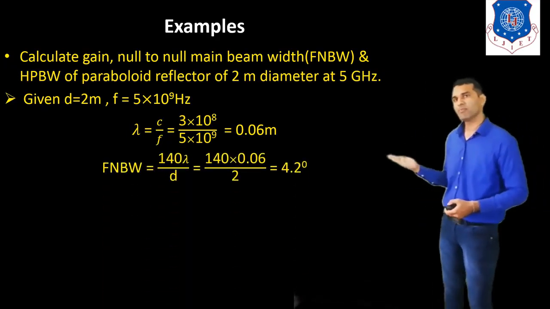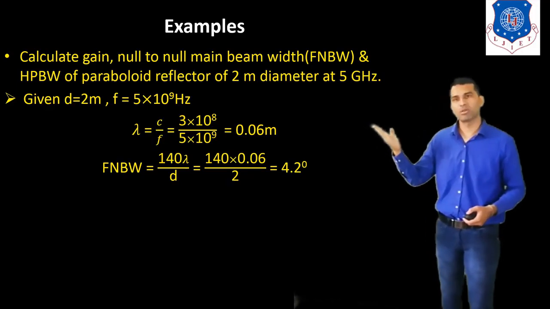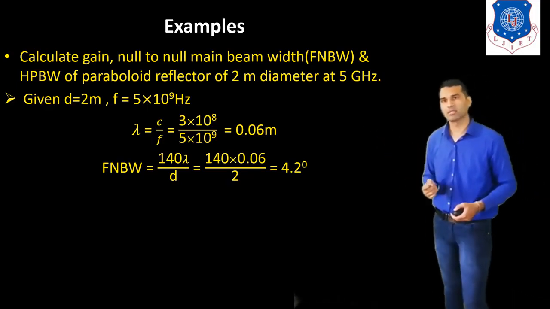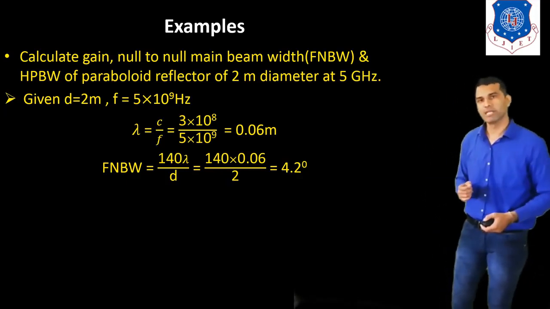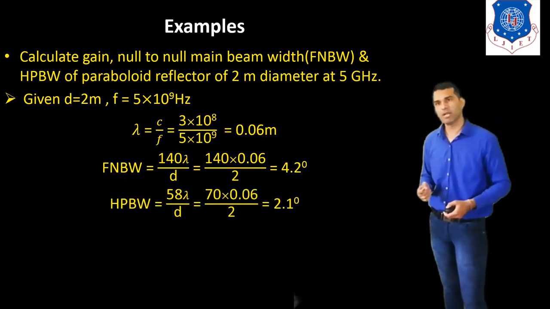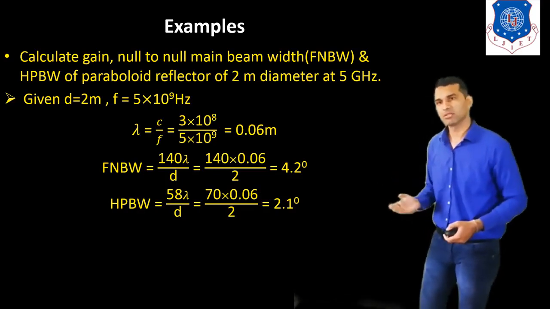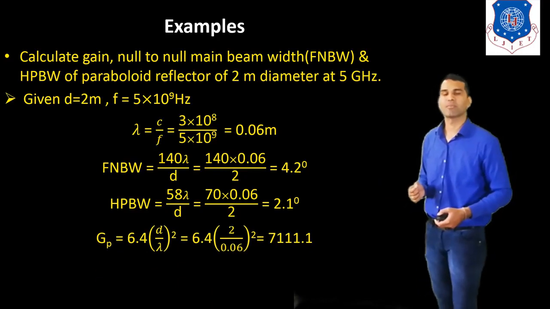We have the FNBW equation, 140 lambda by D, with lambda value 0.06 meter and D given as 2. So we get the first null beam width is equal to 4.2 degrees. We can also calculate the half power beam width, 58 lambda by D. When we place the values of lambda and D, we get HPBW is equal to 2.1 degrees.